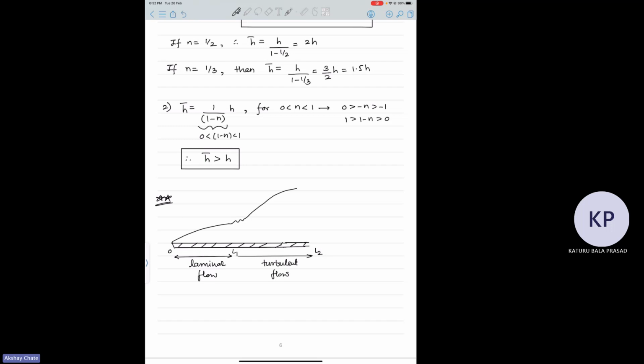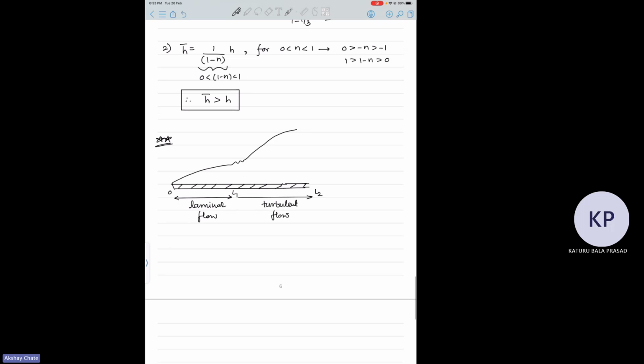In that case you have to divide this integral, because you cannot just put 0 to this thing. Your average heat transfer coefficient becomes 1 by L. I'm talking about the whole plate, not any x, so that's why I'm taking L here. You integrate from 0 to L1, using the laminar heat transfer coefficient relation as a function of x.